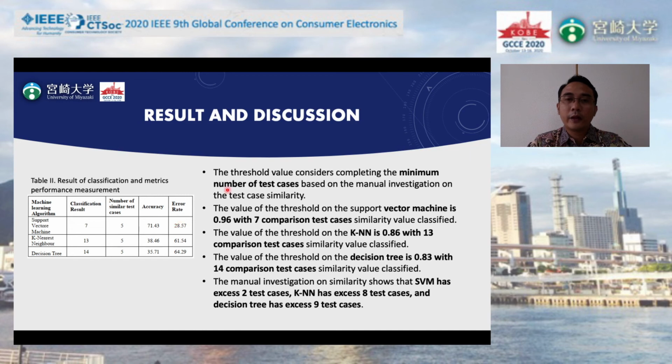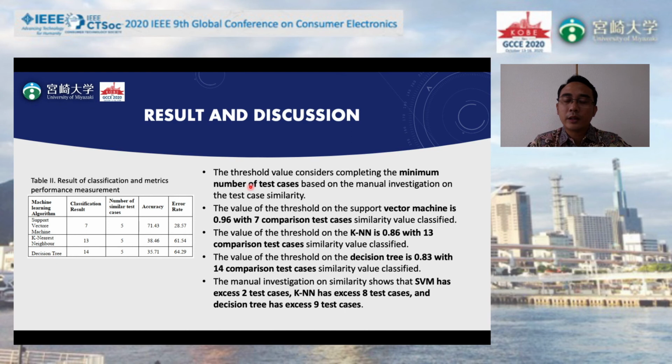The threshold value is considered by completing the minimum number of test cases based on the manual investigation of test case similarity. So we want to know the minimum number of test cases from each machine learning approach.